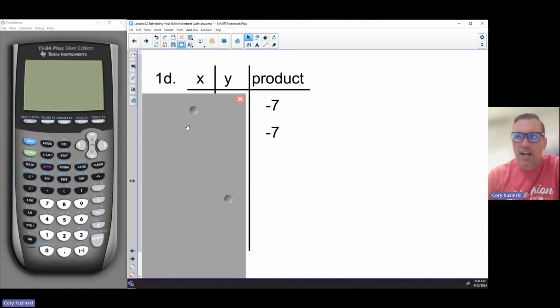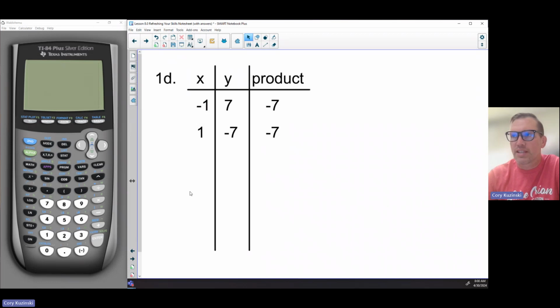And when we have a negative product, it could be that the first factor is negative, like -1 times 7, or it could be that the second factor is negative, like 1 times -7. 7's a prime number, so it's a little shorter as opposed to 12, which had all those factor pairs.